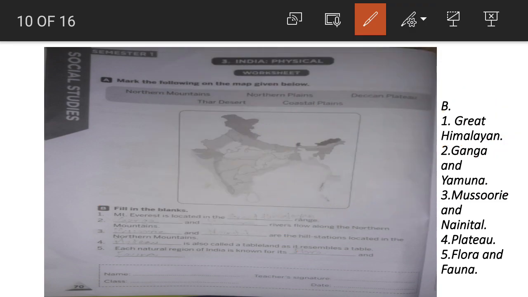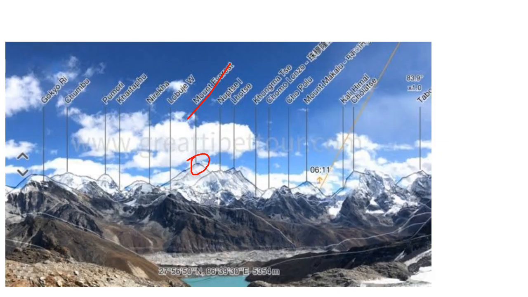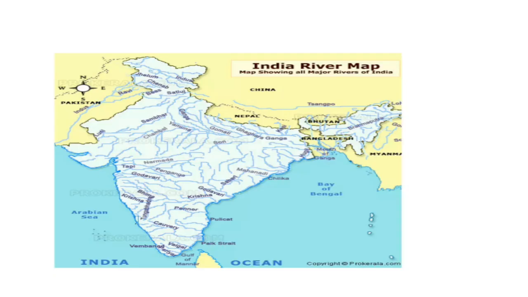Next, question number 2. Dash and dash rivers flow through the northern mountains. So which are the two important rivers which flow through the northern mountains?